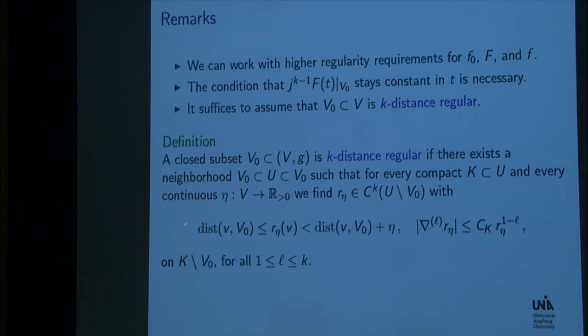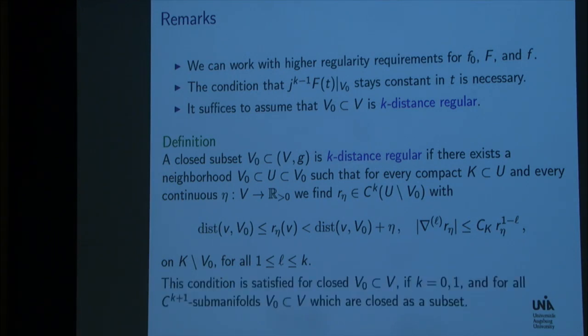It must sit between our distance function and our distance function plus eta, which is some prescribed threshold, and we must especially have this property for Lth derivatives. And this bound for Lth derivatives holds if we assume that V0 is actually a smooth or C^(k+1) regular submanifold.